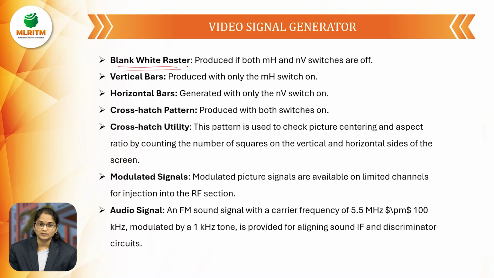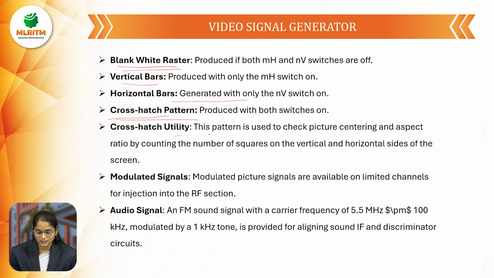If vertical bars are on, it will produce only vertical bars. If horizontal bars are on, then we are going to generate the horizontal bars. The crosshatch pattern is produced with both switches in on state. We are going to generate the crosshatch pattern. Okay.